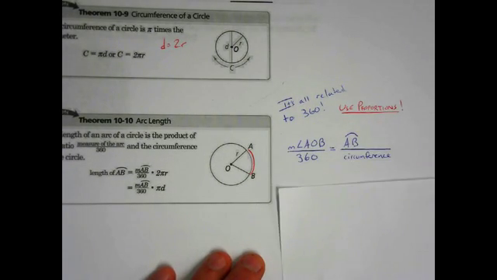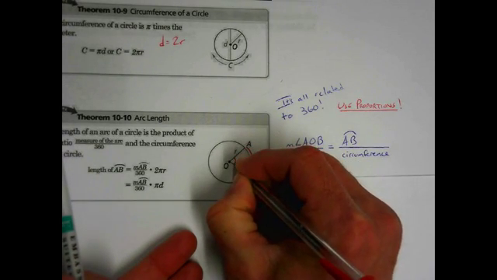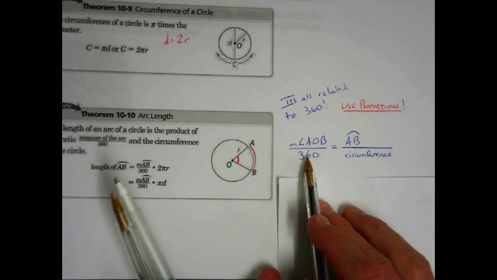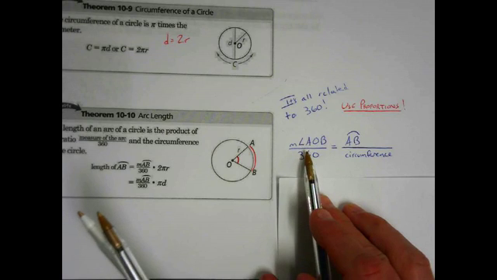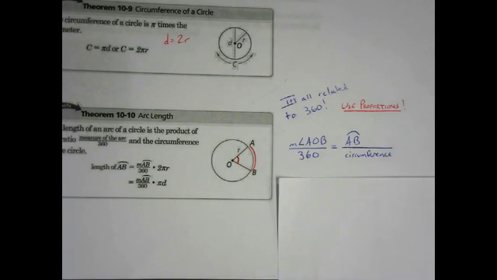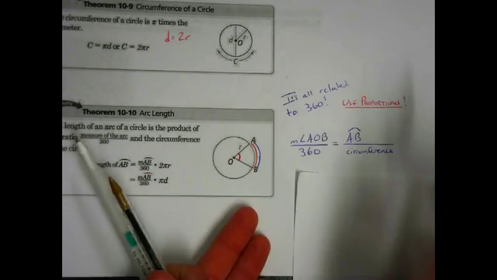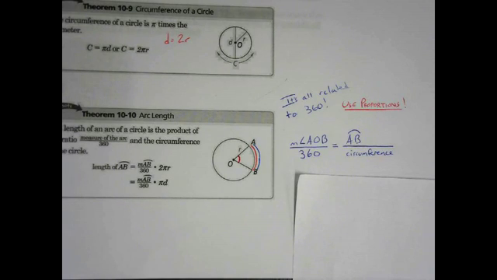So check this out. If we're looking at the measure of angle AOB, which is right in here, and we compare that to the entire circle, the measure of angle AOB compared to the entire circle would be equivalent to the comparison of the arc AB to the entire circumference. So it's all proportionality.